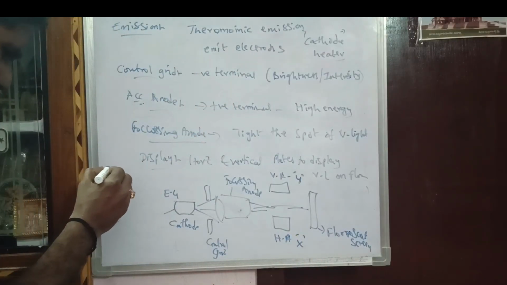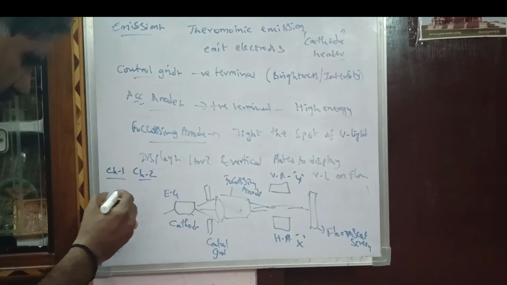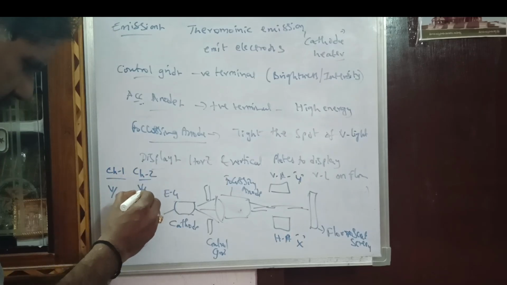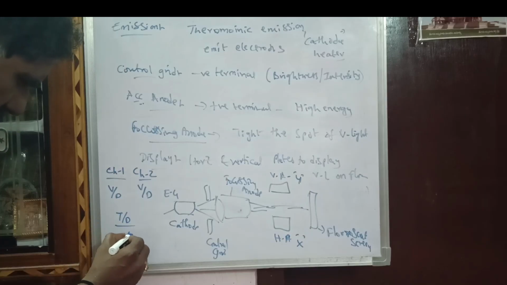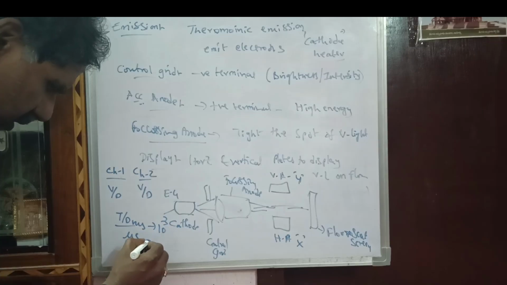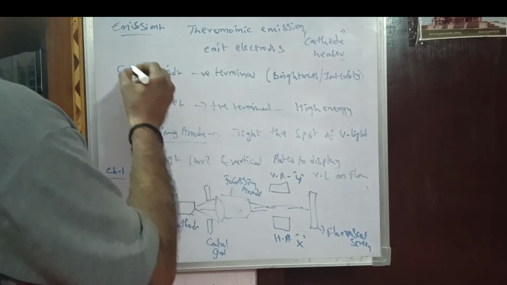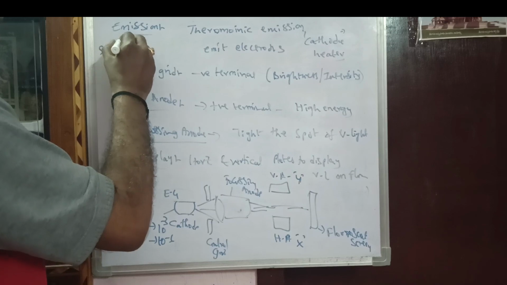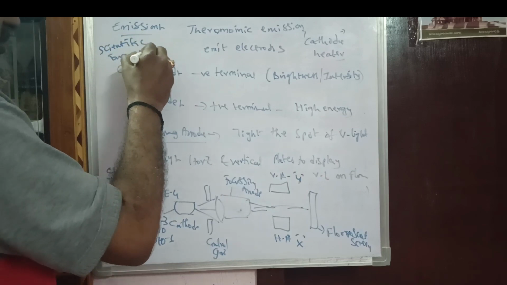In this we are measuring channel 1, channel 2, that is volts per division, whereas time per division is in terms of milliseconds, 10 power minus 3, and microseconds, 10 power minus 6. It may be used in scientific as well as engineering applications.